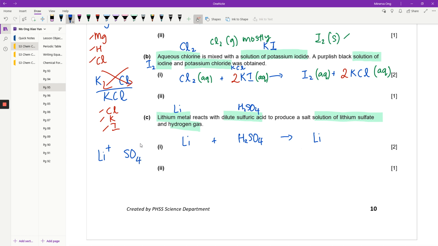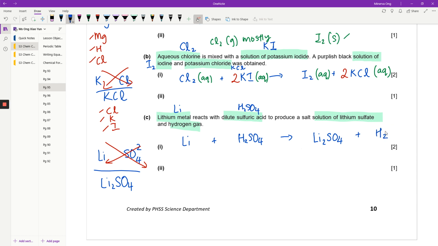So I'm going to erase the charges and do the formula by bringing down the numbers. So this one you get Li2SO4, plus hydrogen gas.